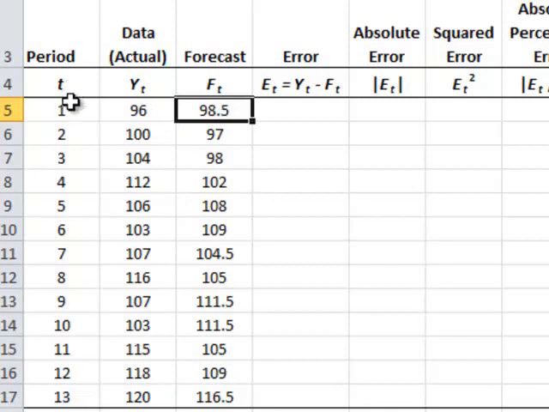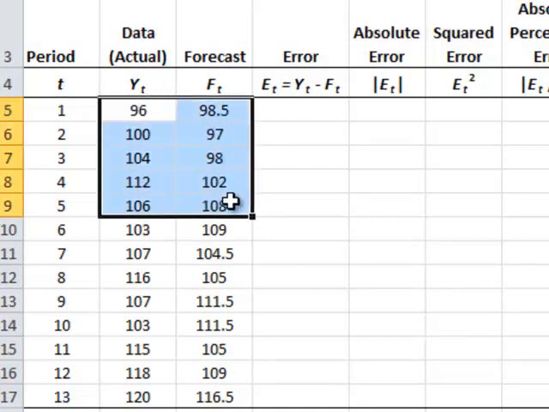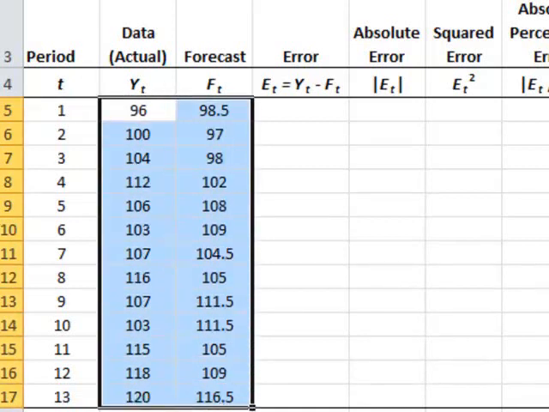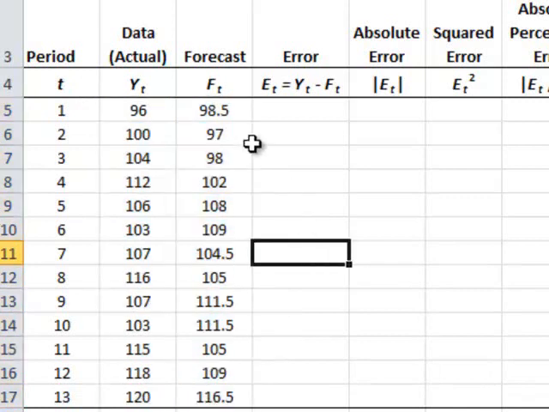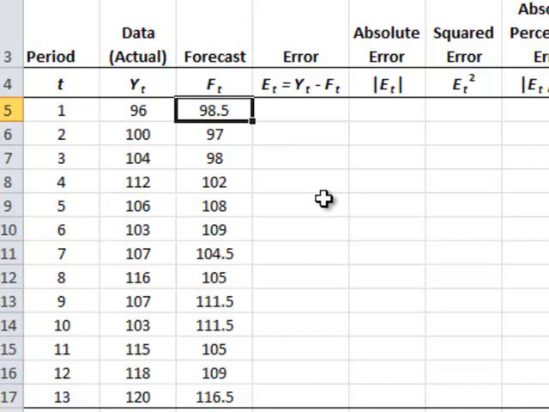So when I call this period 1, I'm talking about just the first of the periods I want to do this forecast error analysis on. There's actual data that occurred prior to this that we would have used to compute that first forecast of 98.5.